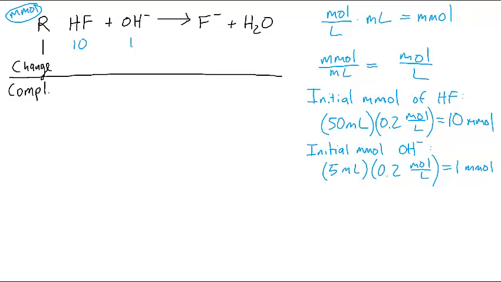All right, this is going to go to completion, so I need to identify what's my limiting reactant. So 10 millimoles versus 1 millimole, I'm going to run out of the 1. So OH minus is limiting. So this will be -1, this will be -1. Oh, I forgot on the right-hand side. We start with 0 F minus, and now we have +1 of that.